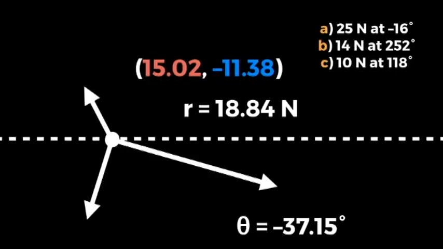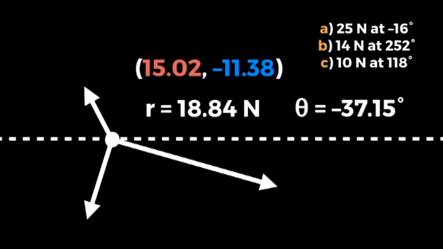Now, with the information that we have obtained from our ordered pair notation, we have r equals 18.84 newtons and theta equals negative 37.15 degrees, which means that our resultant vector, or the vector that we get from adding all three of these vectors, is this. And this is the net force on the object when all three of these forces are pulling on the object at the same time.